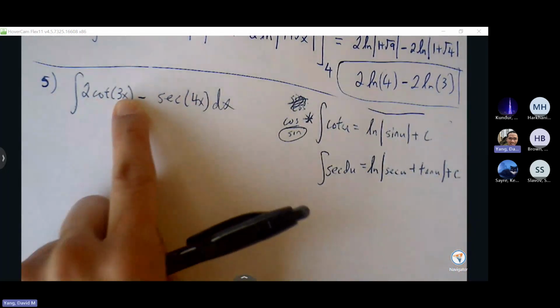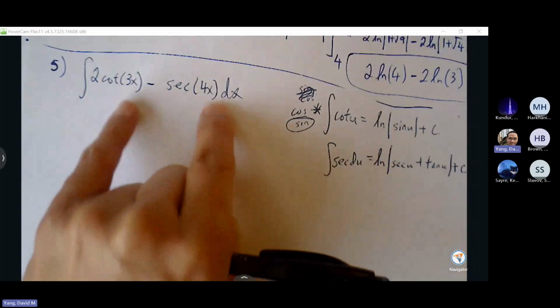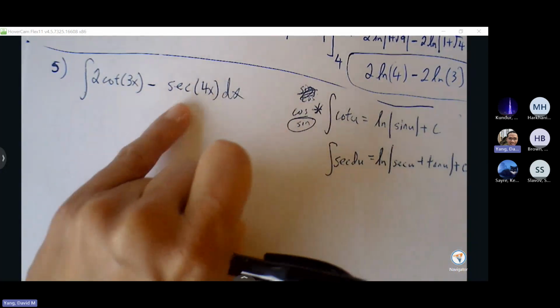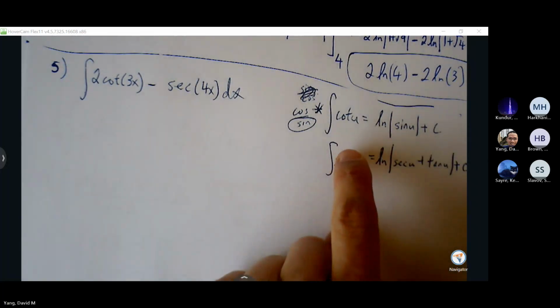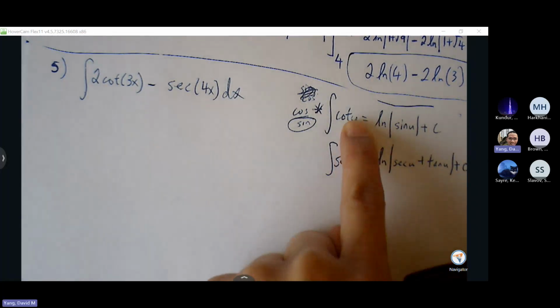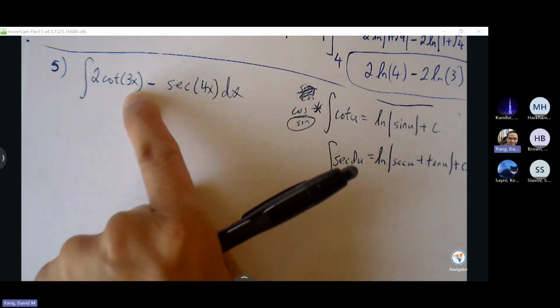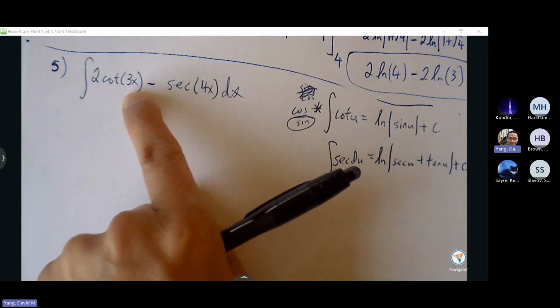Okay, but we're gonna follow these rules here, but the 3x and 4x, we have to do what within each? A little bit of what? Yeah, use substitution, right? There's gonna be some leftover that we gotta keep track of. Okay.